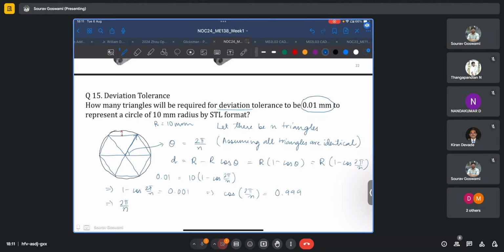Okay, I made a mistake here. So the formula involves theta by 2. So I'll just erase it. This will be pi by n.